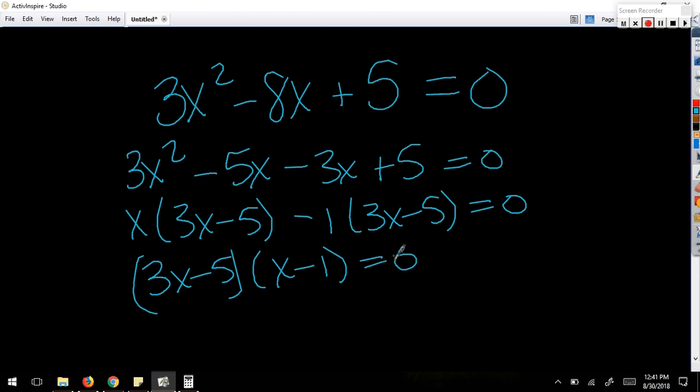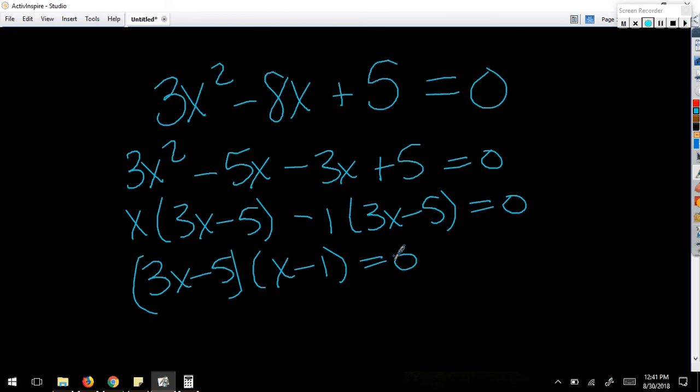Okay, this is what we got when we factored it, yes? All right. So now look, do you agree that I have two things being multiplied together to give me 0? So if I asked you to solve this for x, what do you think you could do?